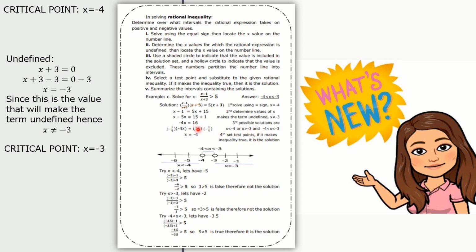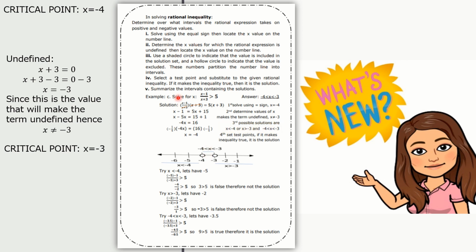Since the critical points are x equals negative 4 and x not equal to negative 3, we plot these points with open circles. Our possible solutions are x less than negative 4, x greater than negative 3, and x greater than negative 4 but less than negative 3.